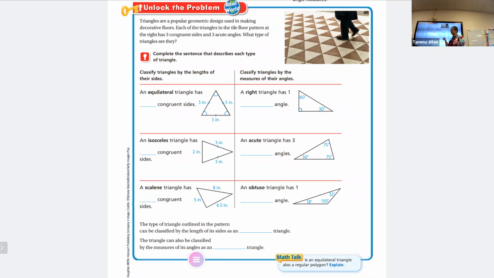Add up the measure of the angles in that triangle, please. And add up the measure of the angles in the obtuse triangle.